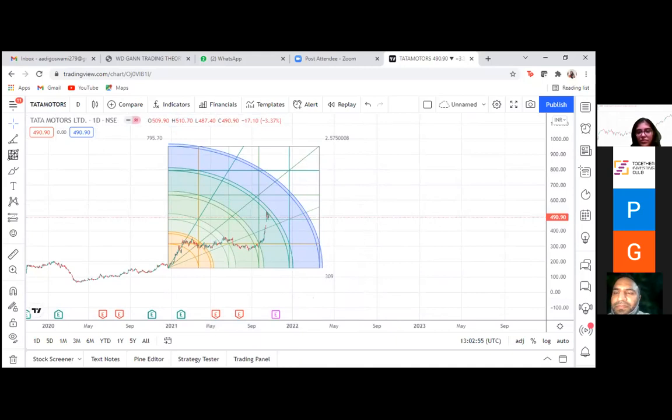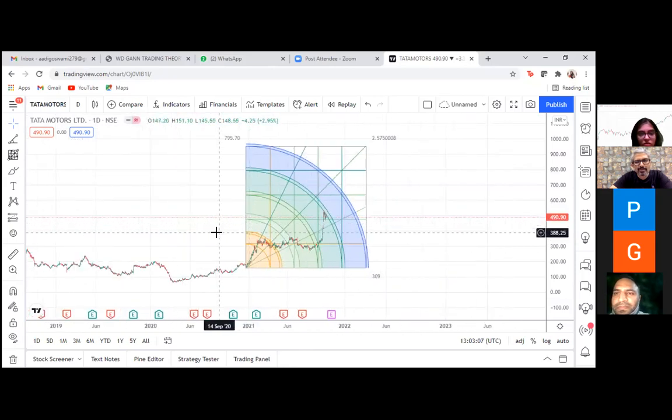Right. So this is one. Can you zoom it in so that we can see where is the support or resistance right now?